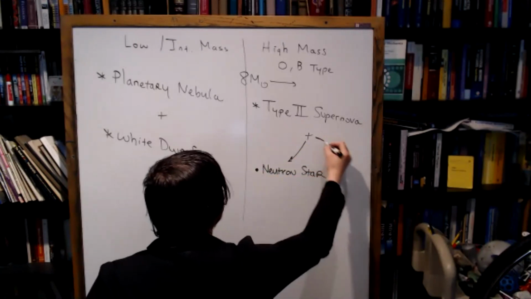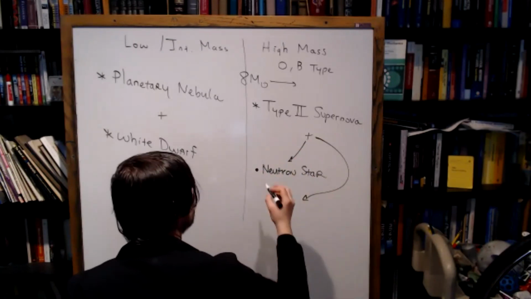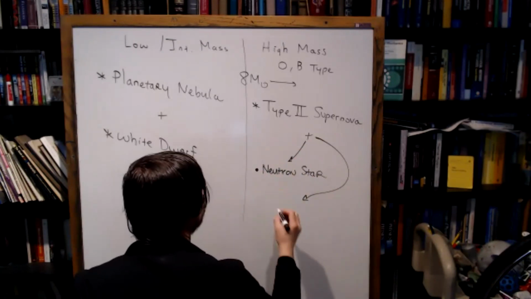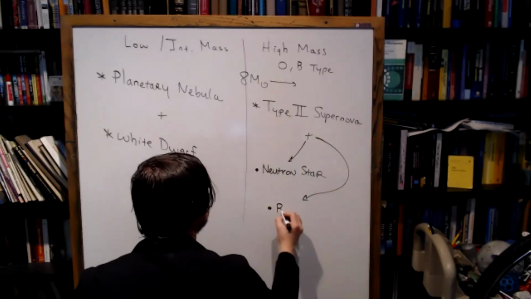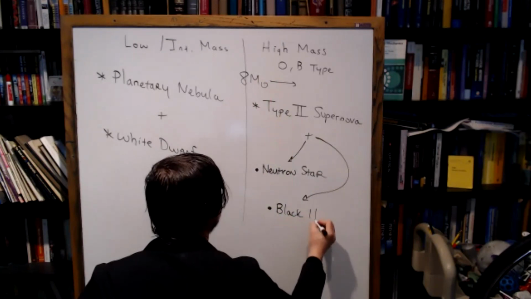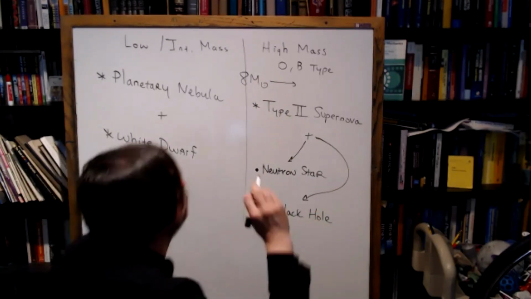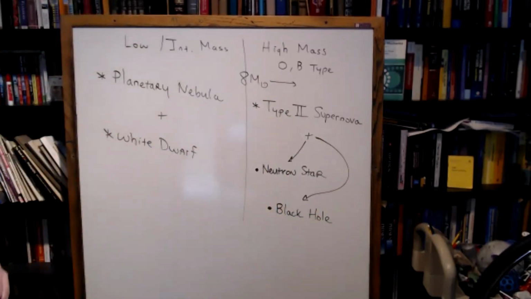And in the most extreme cases, where the mass of the core is, say, greater than 3 times the mass of the sun, that's when you can have the final collapse into a black hole. And of course, this is what we'd like to get to and talk about today. So let's get right to it, because there's a lot to say.